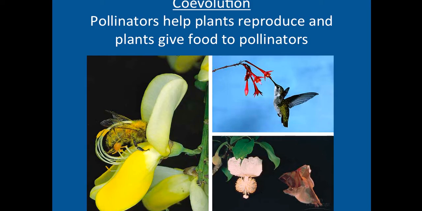So the bat is a pollinator in this case. Not all bats are carnivores. This is an herbivorous bat, and it is going to drink the nectar of this flower. The flower has, over millions of years, turned up its petals so that the bat can get to the nectar, but in addition to that, it's going to be dusted with the pollen.